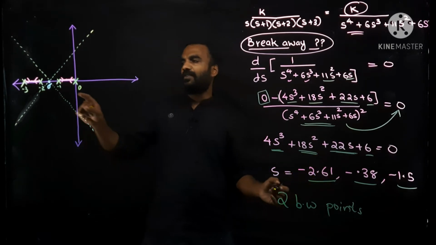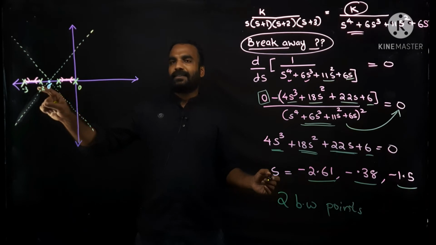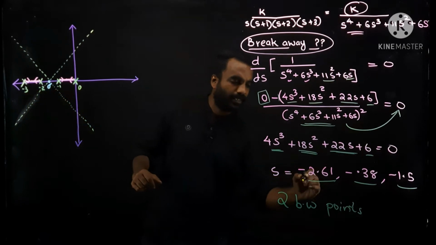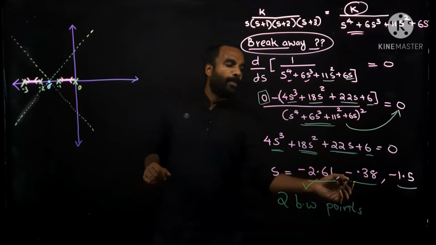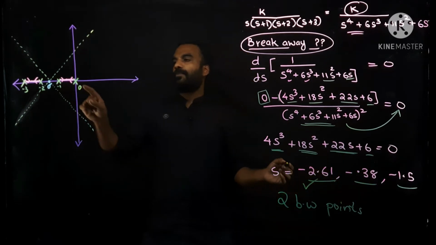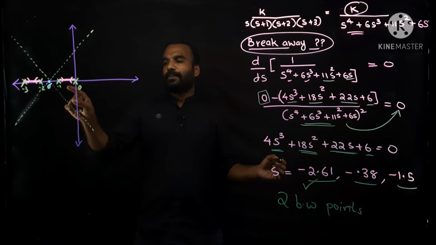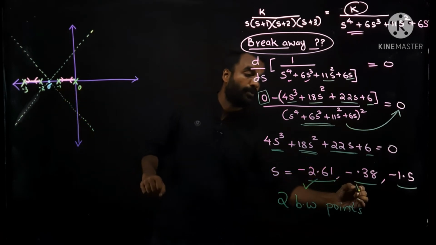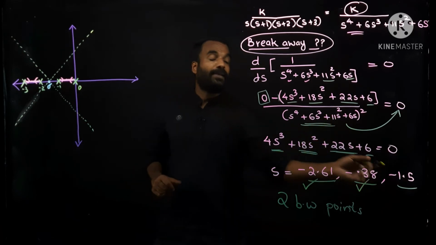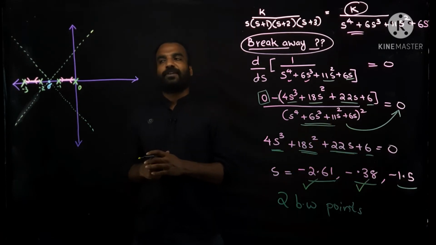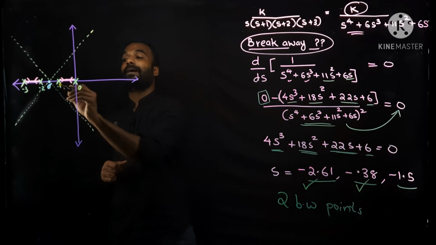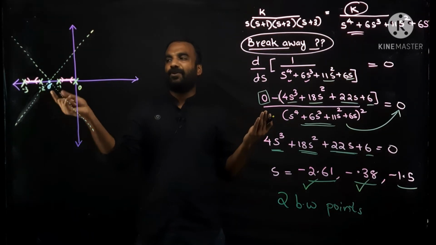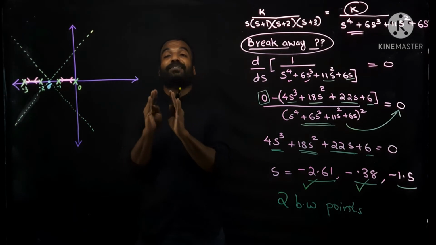Minus 2.61, yes, it is valid because breakaway happened in between minus 2 and minus 3. Minus 0.38 is also valid, so breakaway happens in between 0 and minus 1. Minus 1.5 is not valid because in between minus 1 and minus 2, no breakaway chances are there because it is a region where root locus is absent.